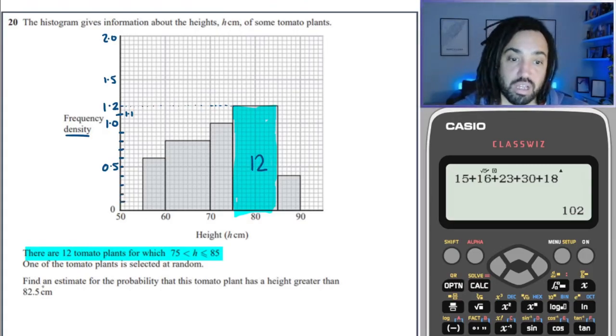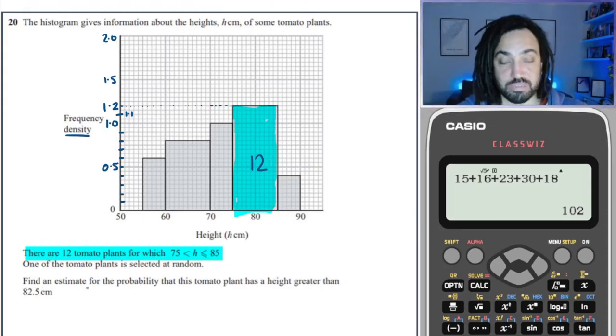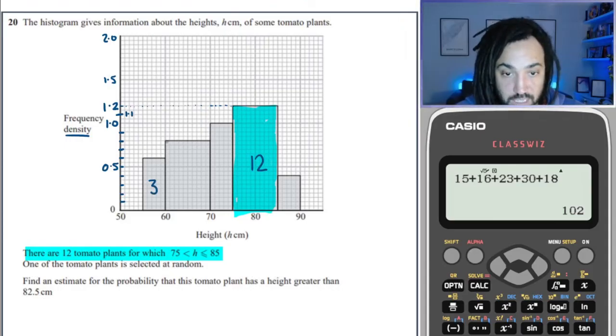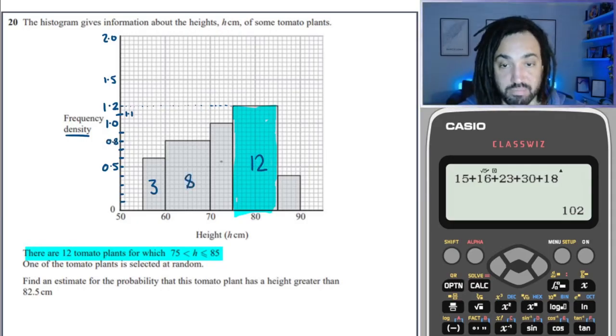Yes. Okay. It says find an estimate for the probability that one of them is selected. So we're going to need to know the total anyway. So we've got to work out the total to find the probability. So that's 0.6 times 5, which is 3. This is 10 times 0.8, so that's 8.